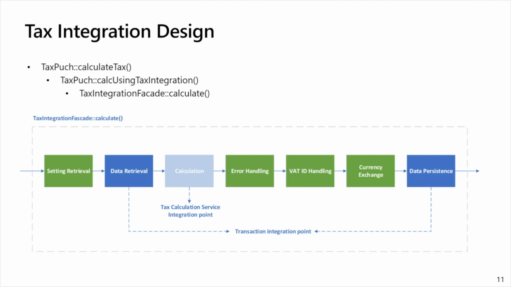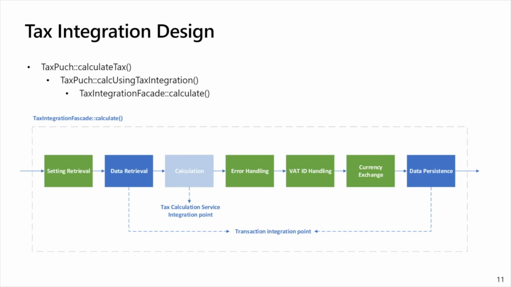And finally, you will see that in the tax service, we don't handle the currency. So in the integration part, we will do the currency exchange, including transaction currency, accounting currency, reporting currency, and tax currency. After the currency exchange, we will also do the rounding.